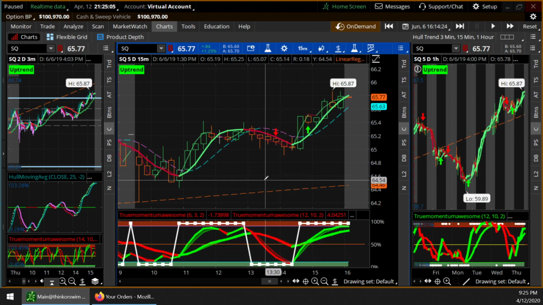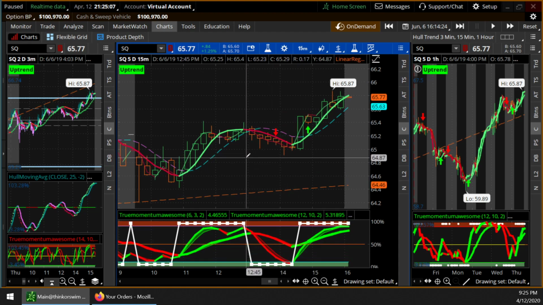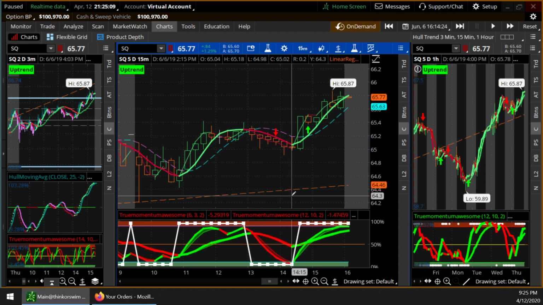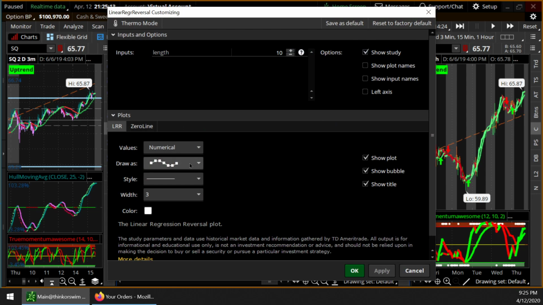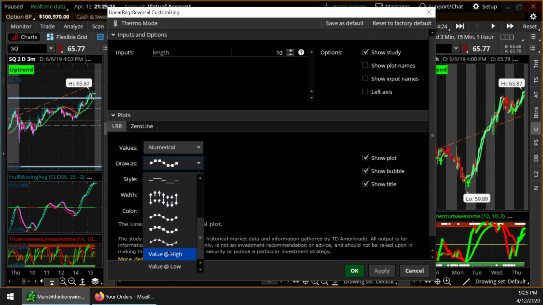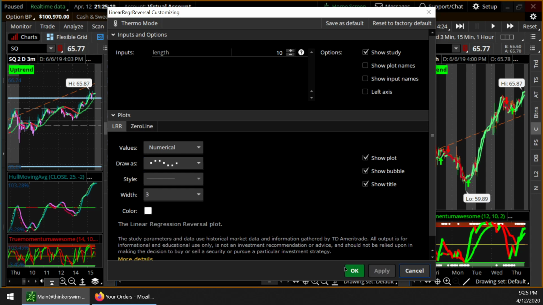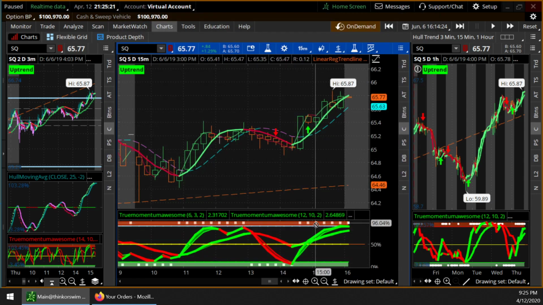But on these larger time frames, you can see it's pretty accurate for the most part. I just have it like this because it's more aesthetically pleasing to me, easier to see, less cluttered.